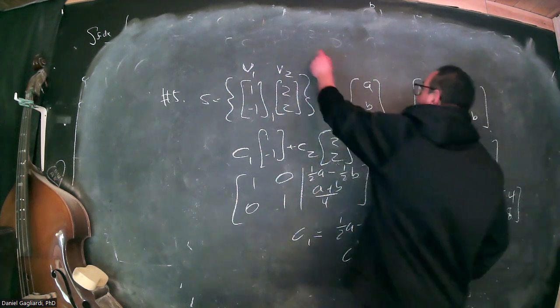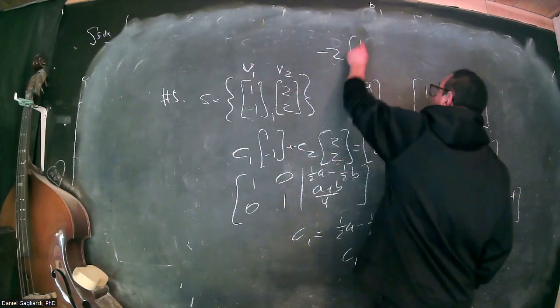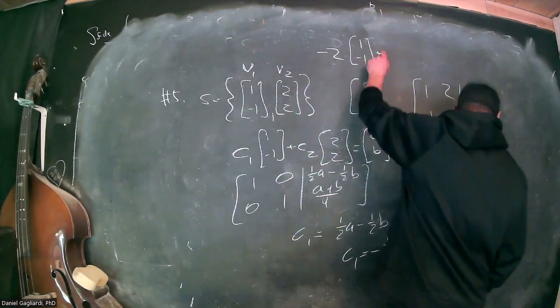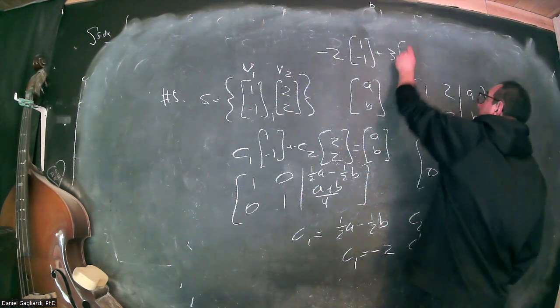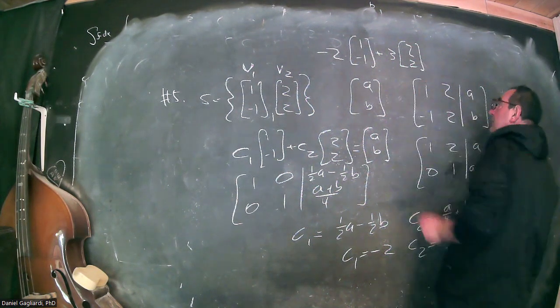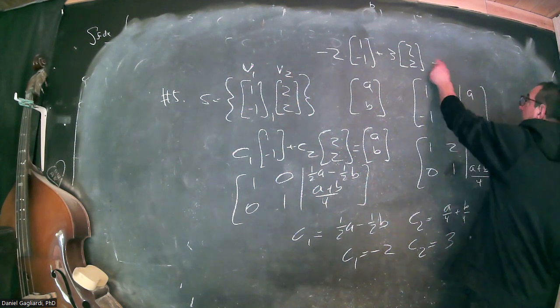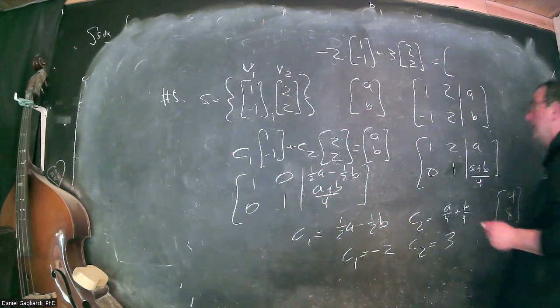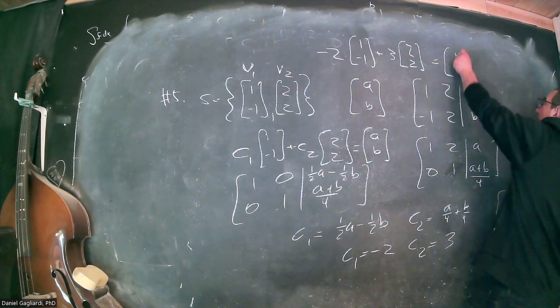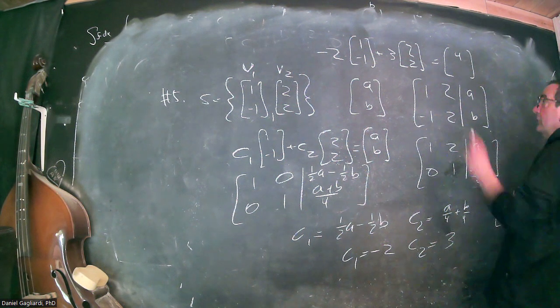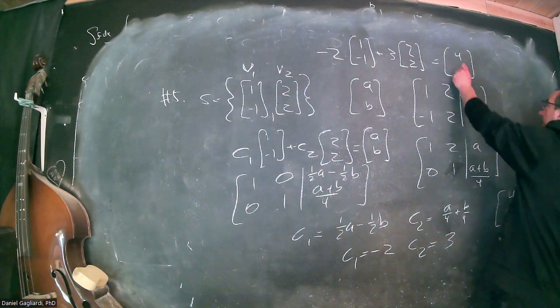If we have -2 times the vector (1, -1), plus 3 times vector 2, which is (2, 2), let's see if that carries us to our target vector. -2 plus 6 is indeed equal to 4, and 2 plus 6 is indeed equal to 8.